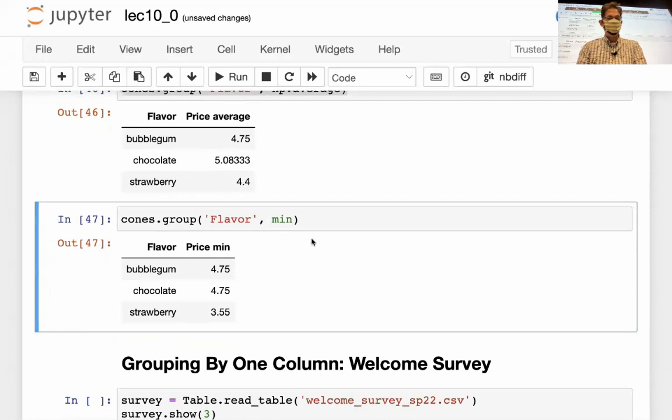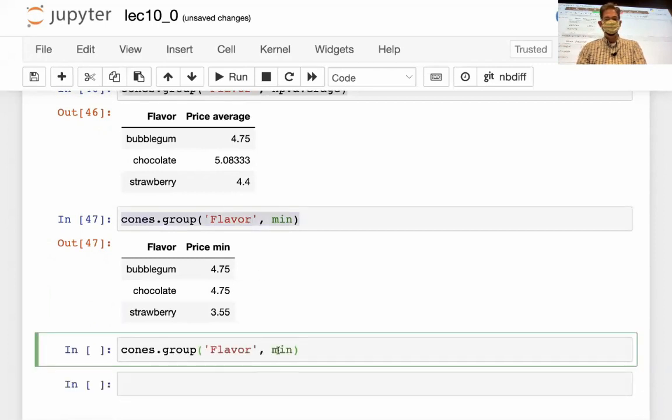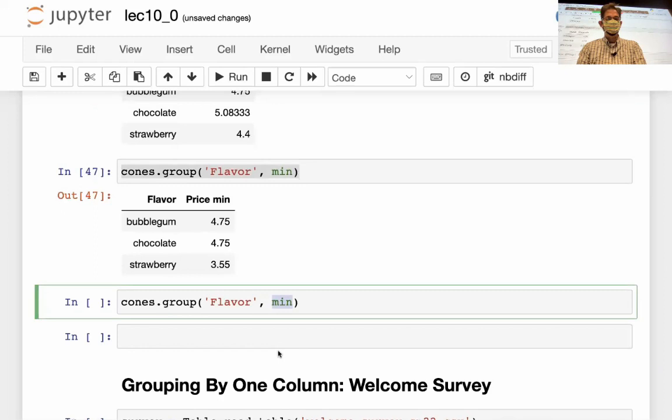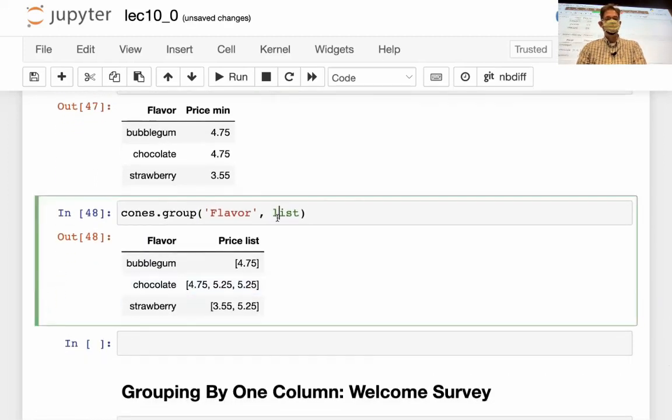That's the cheapest chocolate you can get. Here's a new thing. You could get a list. List tells you all the different prices in a price list column.